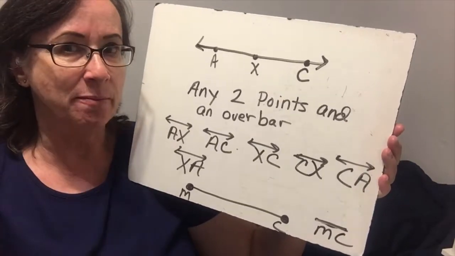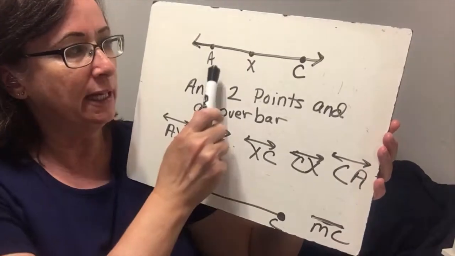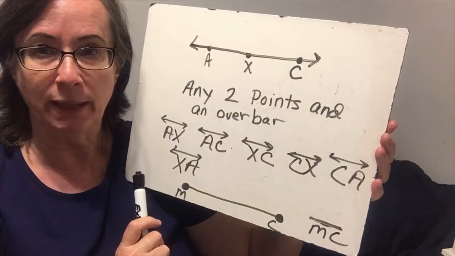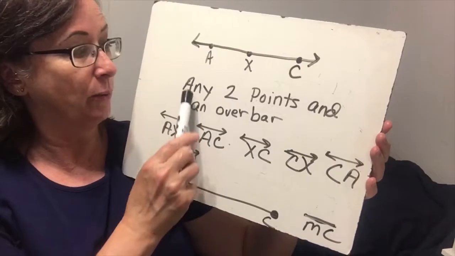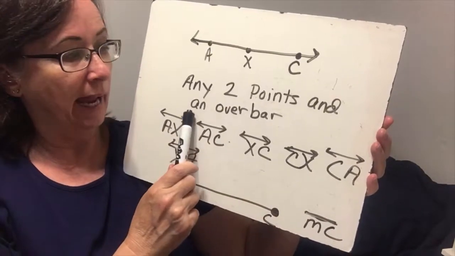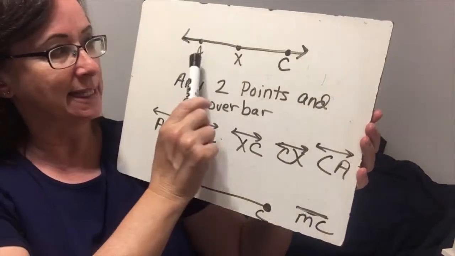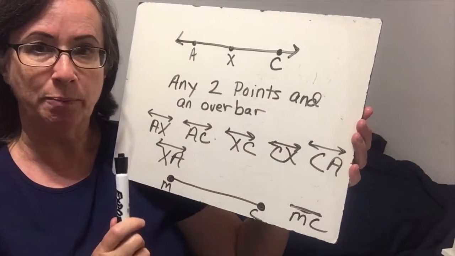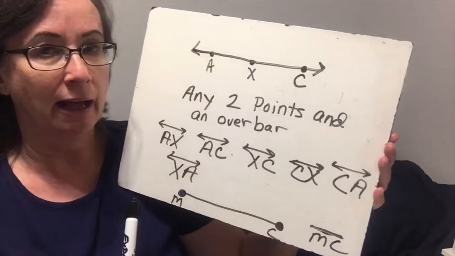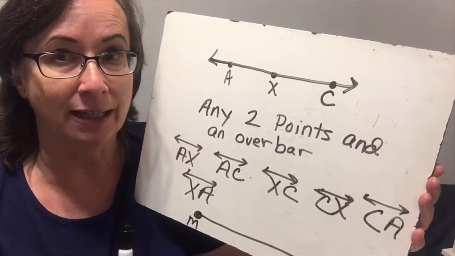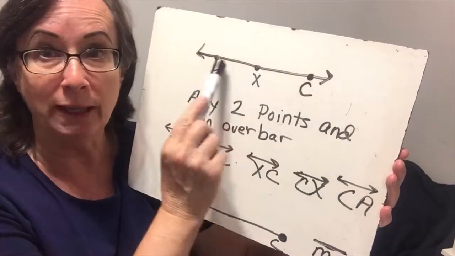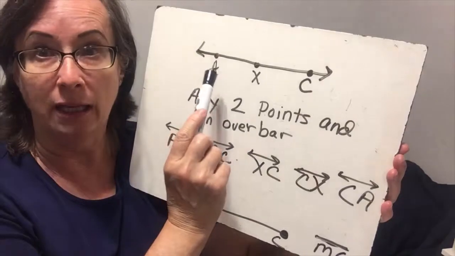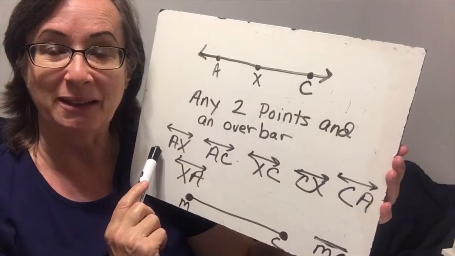When we name a line, we can use any 2 points that are on the line in any order. So any 2 points and an overbar. So this same line, which has 3 points that are listed on it, a line really has an infinite number of points on it, because there's points in between those 2 points, an infinite number of points in between those 2 points.